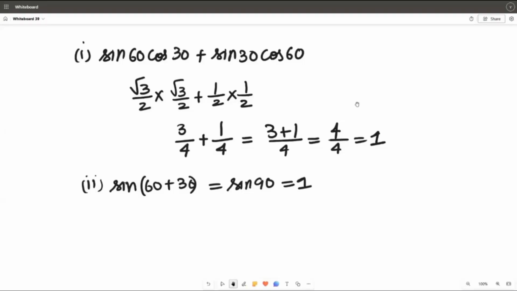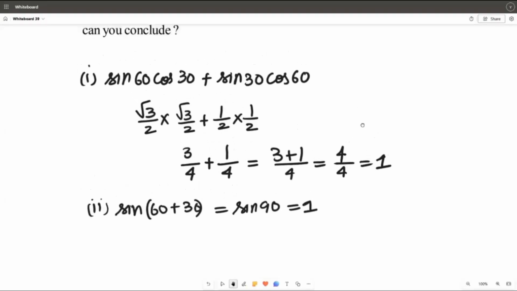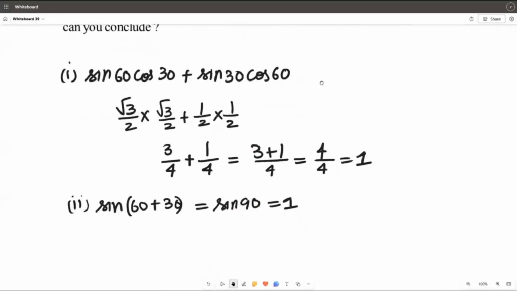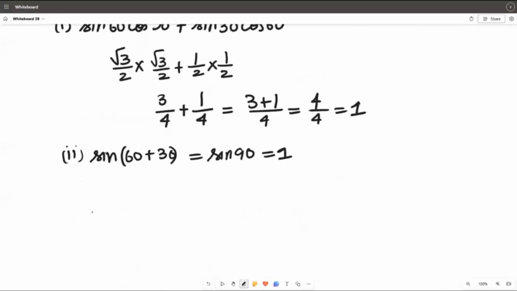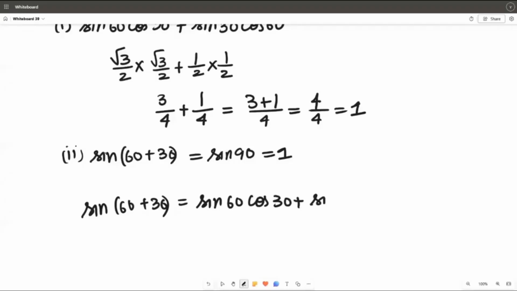So we can see that sin 60 cos 30 plus sin 30 cos 60 is equal to 1, and also sin (60 plus 30) is equal to 1. So by this we can conclude that sin (60 plus 30) is equal to sin 60 cos 30 plus sin 30 into cos 60.